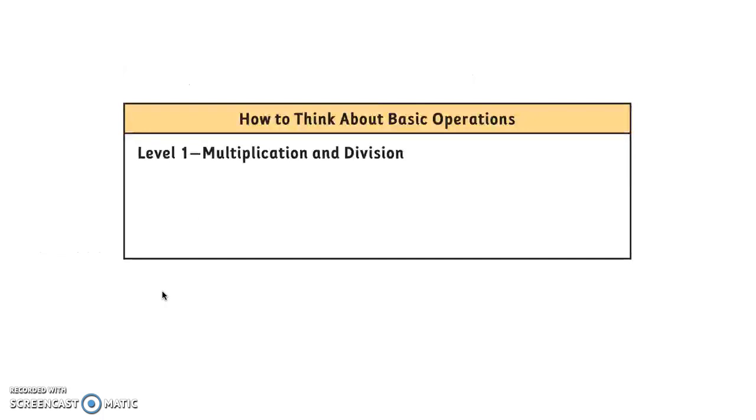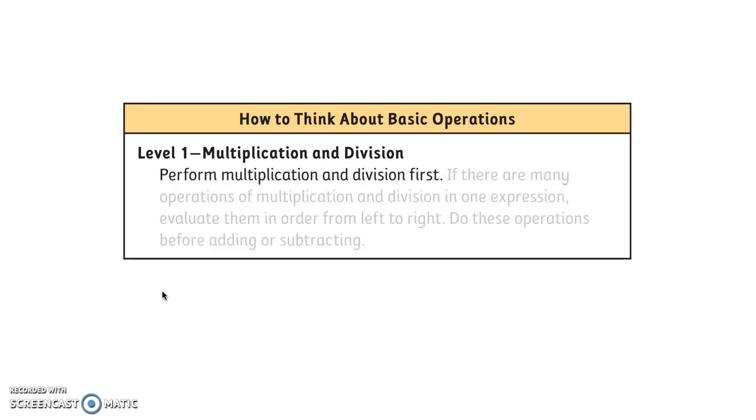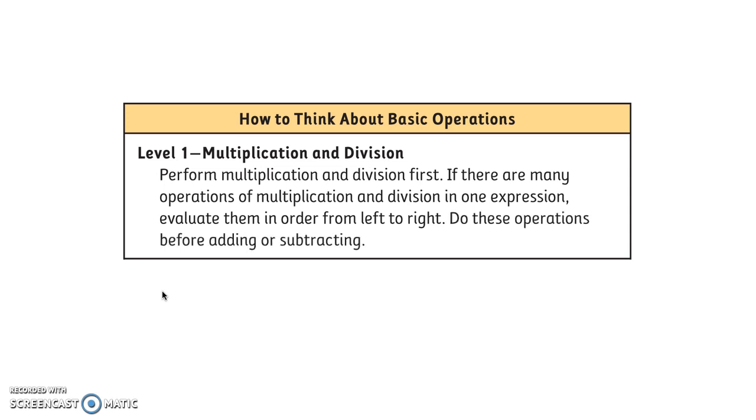So let's think about the basic operations. Multiplication and division. We're at level 1. We must perform multiplication and division first, before anything else, when solving an expression. If there are many operations of multiplication and division in one expression, evaluate them in order from left to right. Do these operations before adding or subtracting.